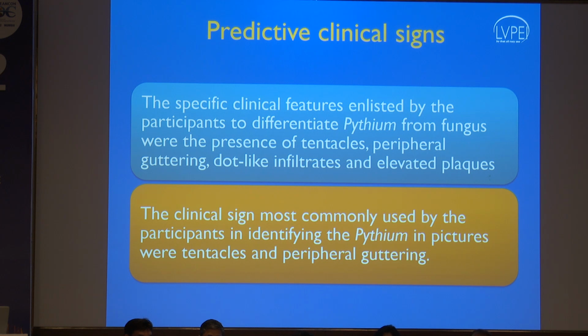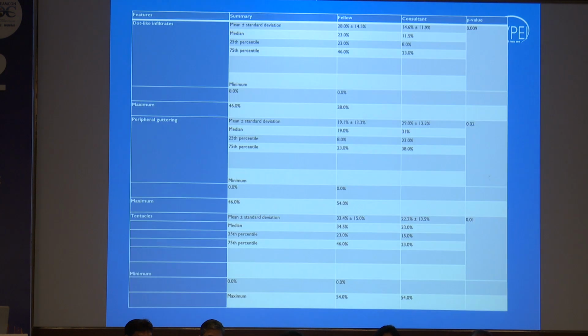The specific clinical features listed by most of the participants were the presence of tentacles, peripheral guttering, dot-like infiltrates and elevated epithelial plaques. The clinical signs most commonly quoted by the participants were tentacles and peripheral guttering.